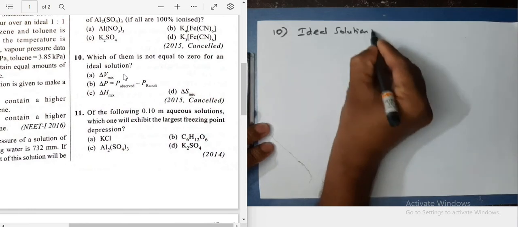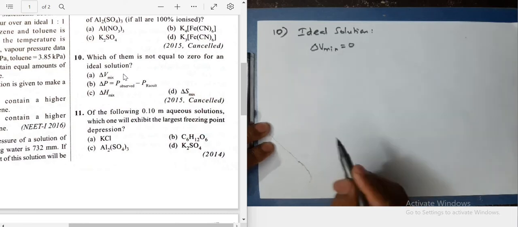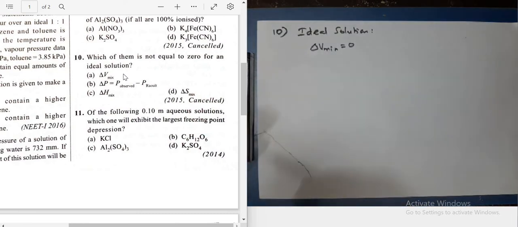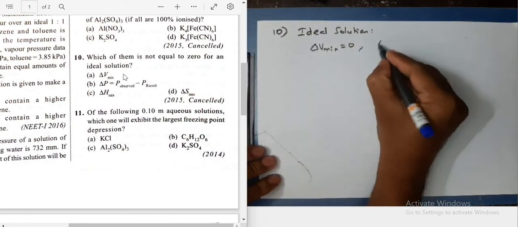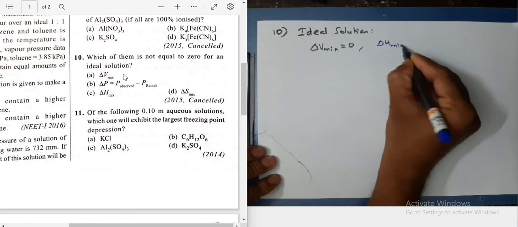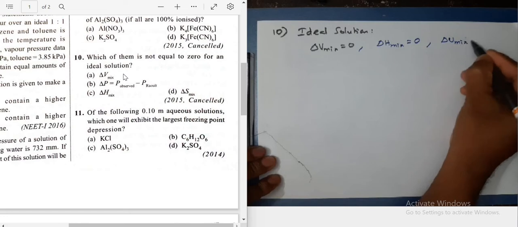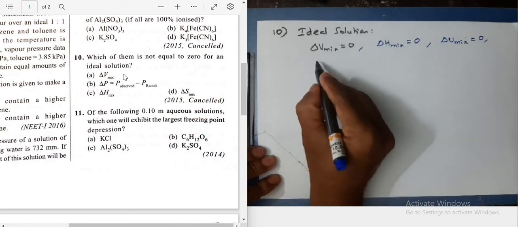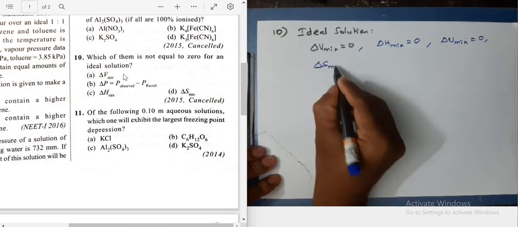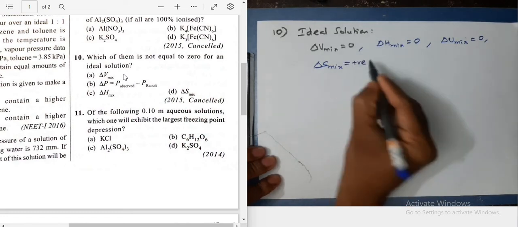For an ideal solution, delta V mixing should be 0, right? Delta H mixing should be 0. Delta U, change in internal energy, mixing should be 0. Then delta S mixing should be greater than 0, or it should be positive.